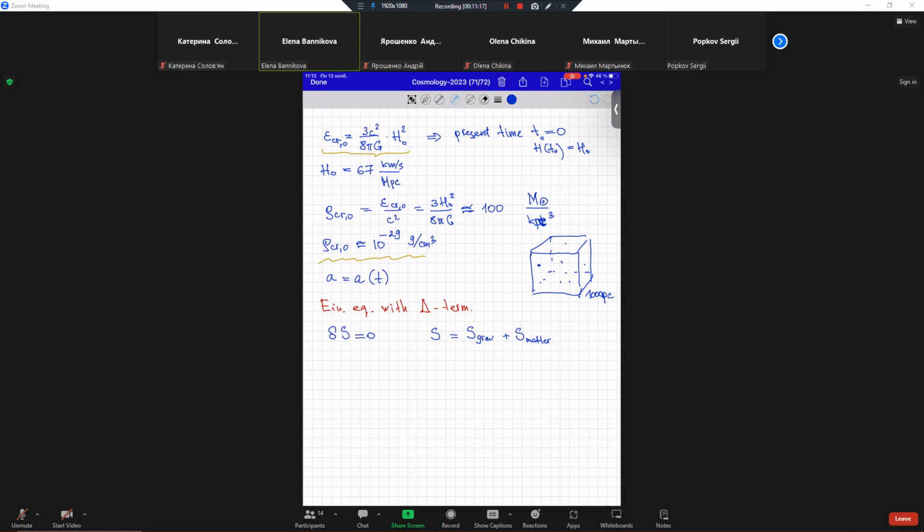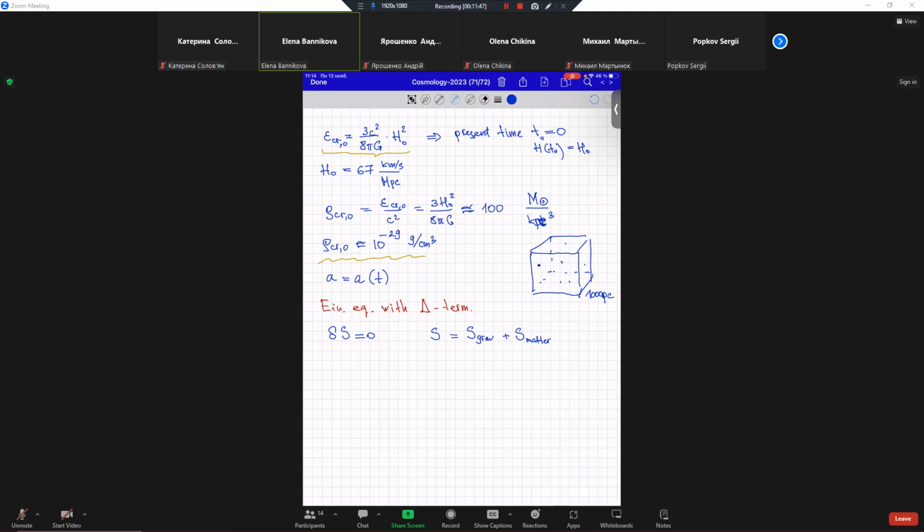The main idea of general relativity is that all coordinate systems, or all reference systems, are in equal conditions: the equation should work in any reference system.